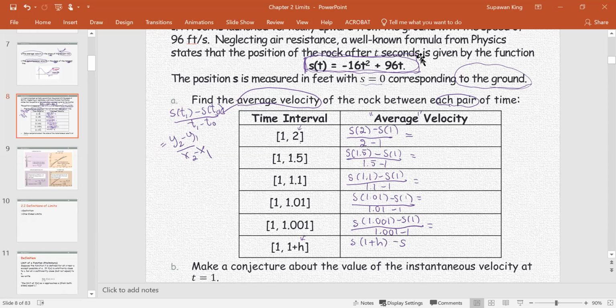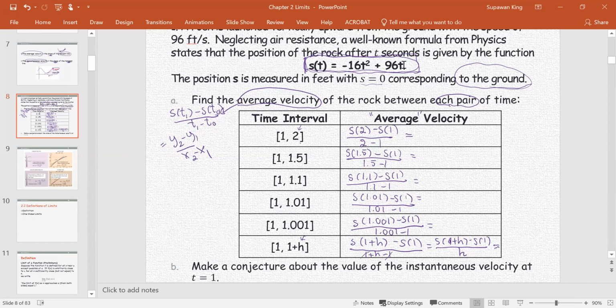The average velocity can be computed by s(1 + h) minus s(1), all divided by (1 + h) minus 1. If you clean it up a little, you get s(1 + h) minus s(1) divided by, you see that the 1 and 1 cancel, so the denominator is just in terms of h. All right, so this is the setup that I already did for you.